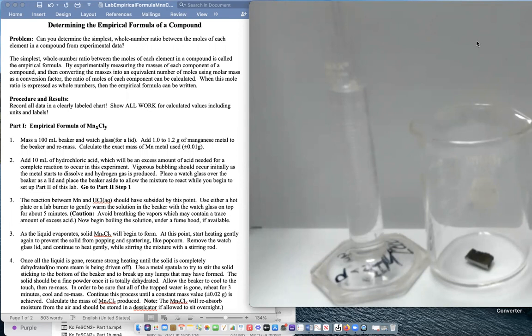For this reaction, we begin by starting with a 100 milliliter beaker, and we use a watch glass just to try to contain some of the vapors that are coming off from that, and also during the part of initially heating it up, so it prevents any spatterings. So you can mass a 100 milliliter beaker and the watch glass as a lid. You are then going to add to it about 1.0 to 1.2 grams of manganese metal, and this should go into that beaker and then remass that again with the lid, the watch glass, if you're going to use it in that fashion.